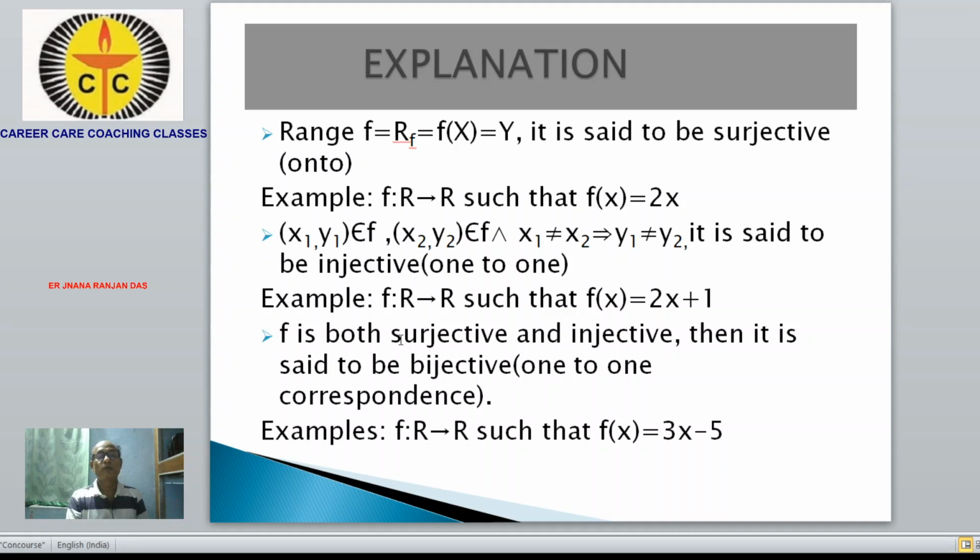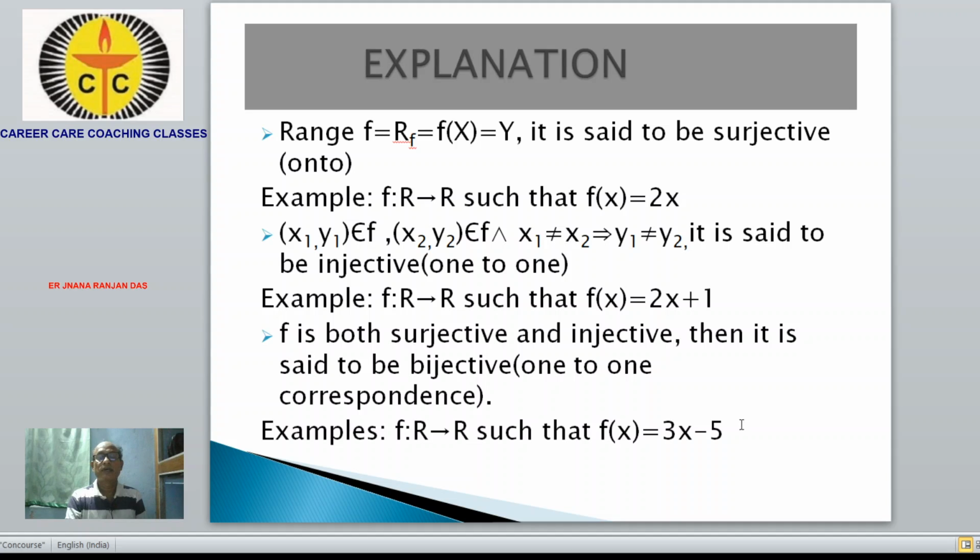Thirdly, if a function is both surjective and injective, it is said to be bijective or a one-to-one correspondence. An example of such a function defined on R is f(x) = 3x - 5.